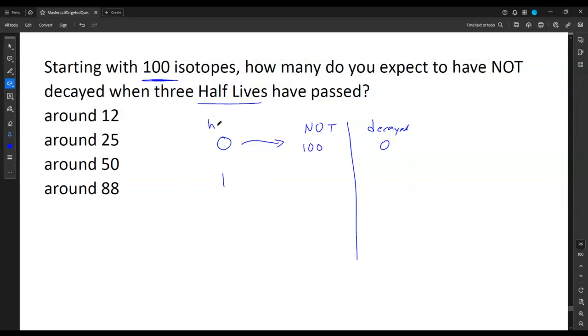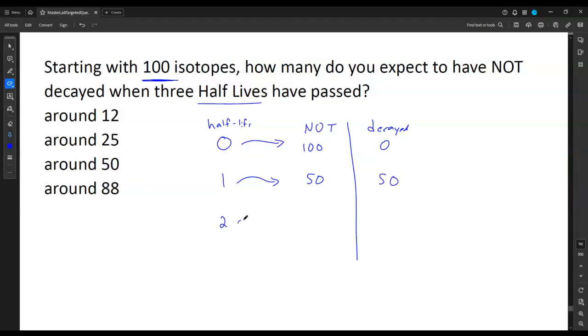Let me label this better, 1 half-life. After 1 half-life, whatever period of time that is, we expect half of the material has decayed. So we started with 100 particles that we expect to get cut in half. What's the difference? From 100 down to 50, that means that 50 things would have decayed.